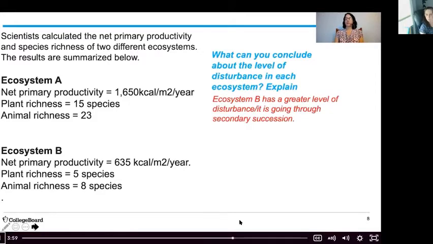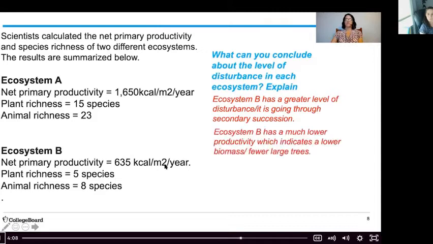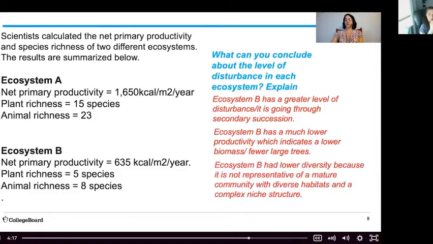I could conclude that ecosystem B has a greater level of disturbance. It's going through some type of ecological secondary succession. I might say that ecosystem B has a much lower productivity, which indicates a lower biomass or fewer large trees. And finally, ecosystem B has lower diversity, meaning it doesn't probably represent that mature, complex community with a lot of diverse habitats and complex niche structure.